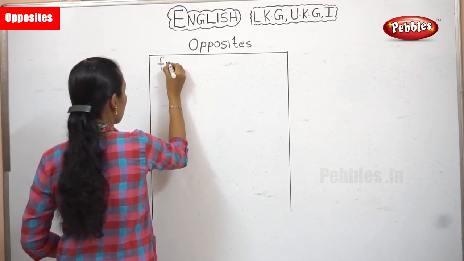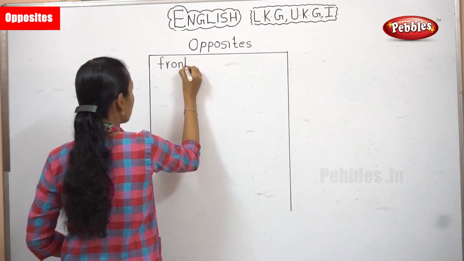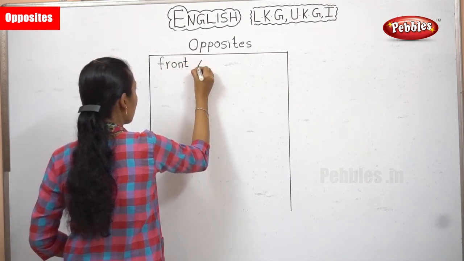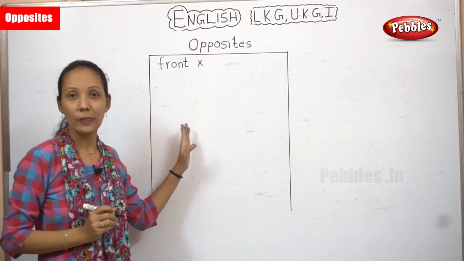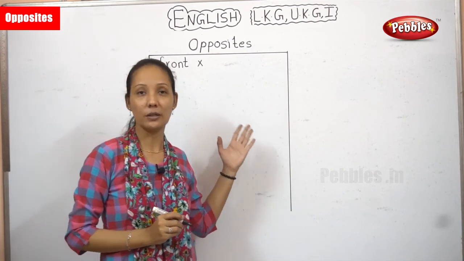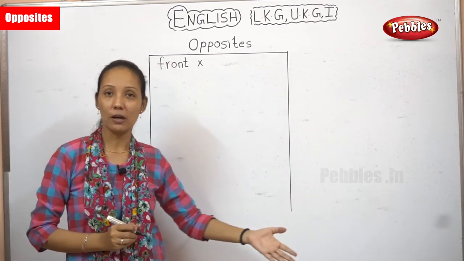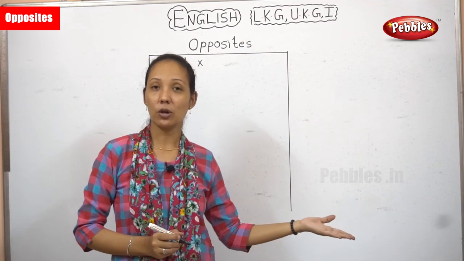Front. Children, do you know the opposite of this word front? Okay, we can even write back or we can write behind. Front means if you say front of my house, isn't it? Now the opposite of front, what will it be?